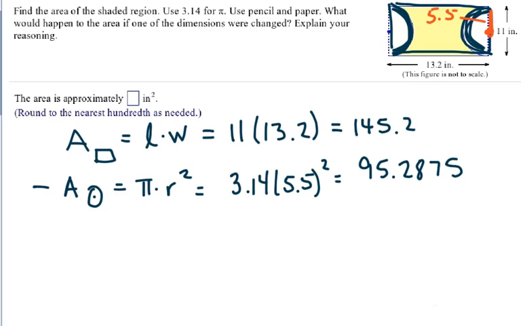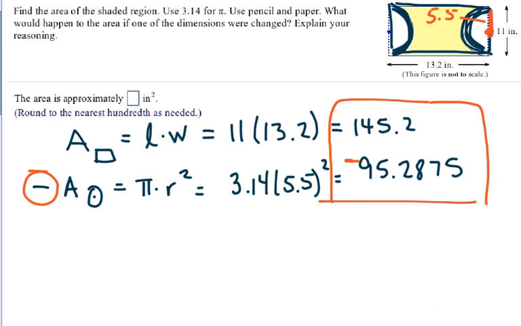And remember, we were supposed to subtract the area of the circle, so I need to subtract that from the area of the rectangle. So I'm doing 145.2 minus 95.2875, and that gives me 49.9125.